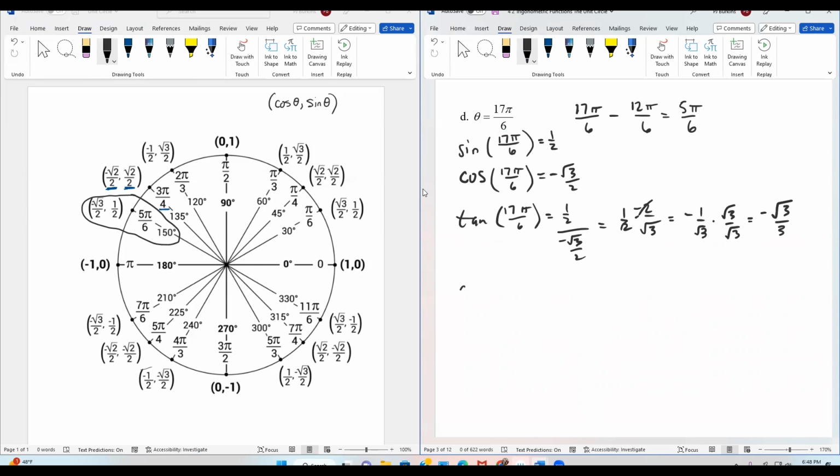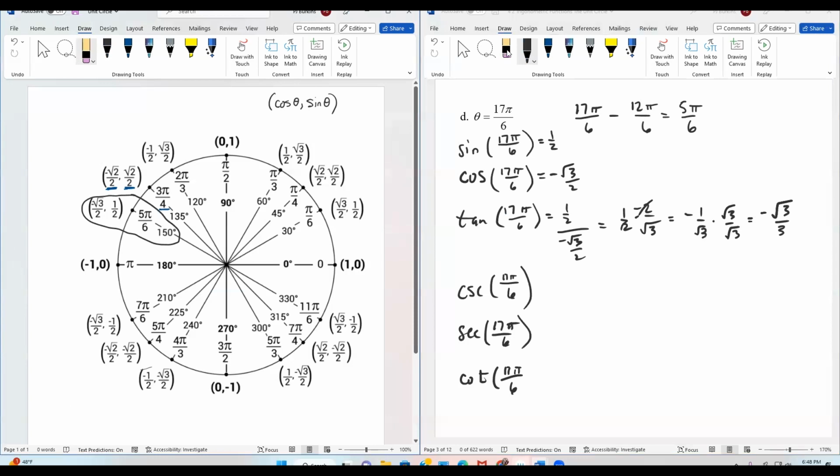All right, then I need still the cosecant, the secant, and the cotangent of 17 pi over 6. I'm so used to the eraser being so far over that I keep going to the other page and doing it.